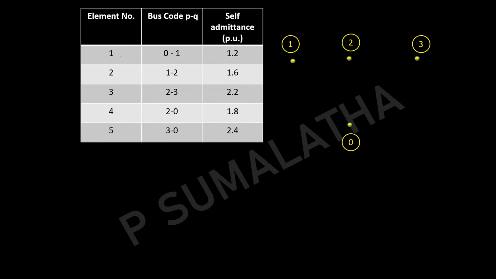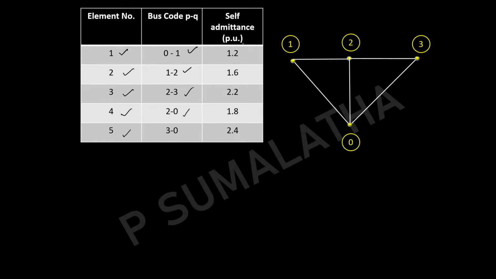The first element is connected between 0 to 1 and the second element is between 1 to 2. The third element is connected between 2 to 3, the fourth element is between 2 to 0, and the fifth element is connected between 3 to 0.